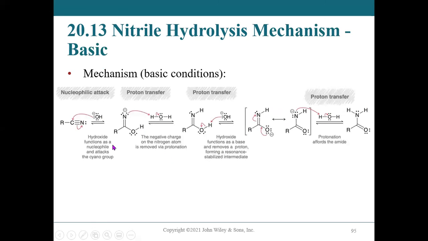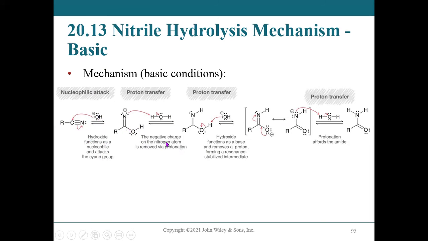And under basic condition, the nitrile hydrolysis takes a few steps. The first step is the nucleophilic attack by the hydroxide, so we produce this intermediate.